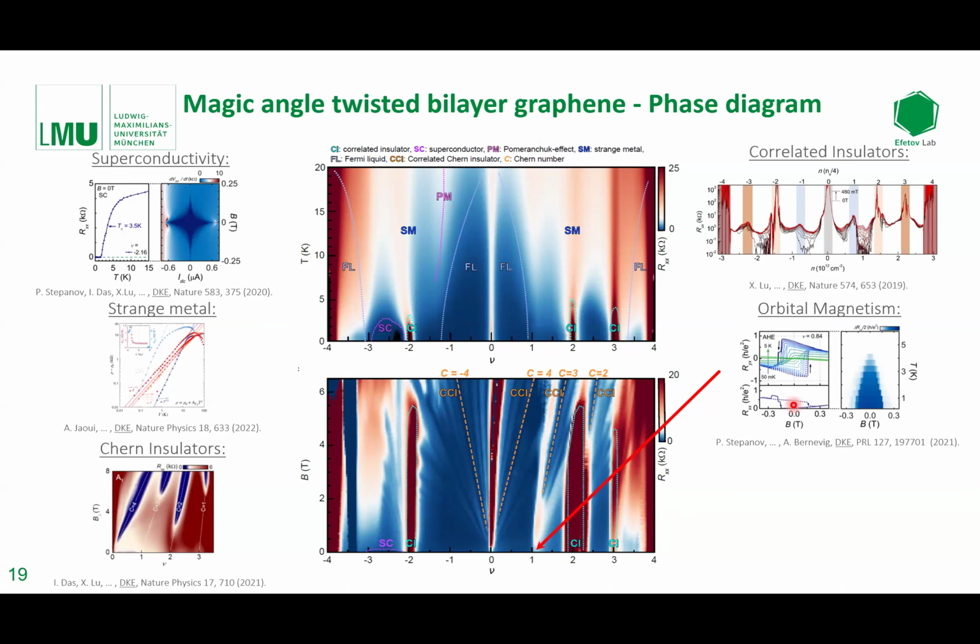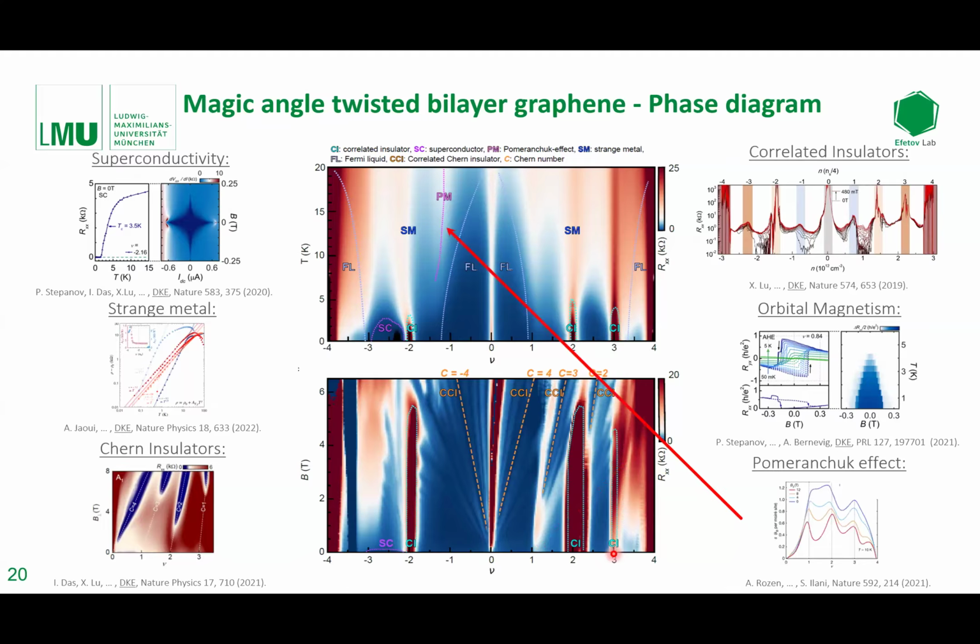And in particular, the groups of Goldhaber-Gordon and Andrea Young have also shown that these phases can be perfectly quantized, even at filling factor 3, if you help the system to break the symmetries by aligning it with hexagonal boron nitride layers.